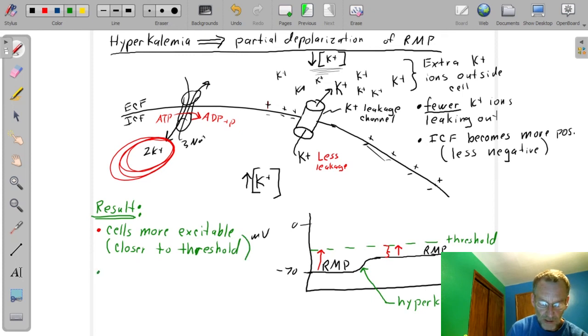However, there's a problem in that it eventually makes it harder for the cell to repolarize back down to the -70 level where those voltage gated ion channels reset. So at least initially it's more excitable. And then later, it's more difficult to repolarize.